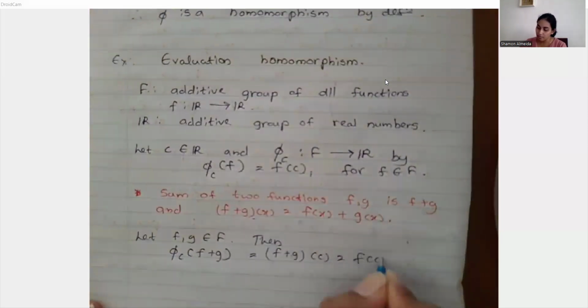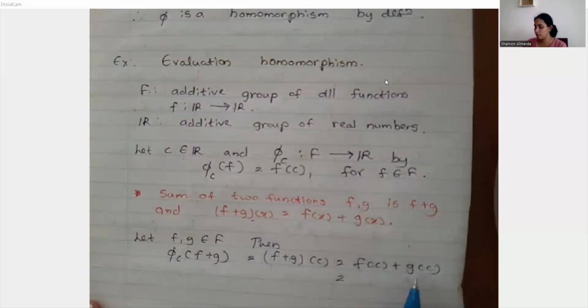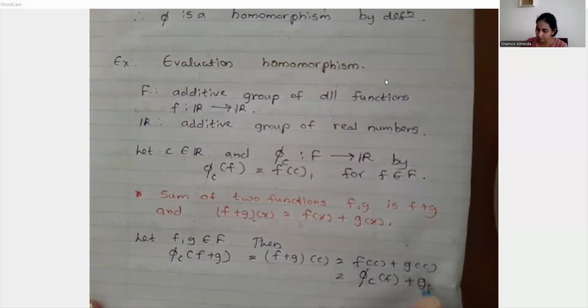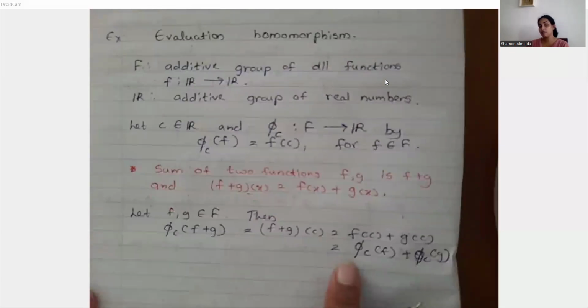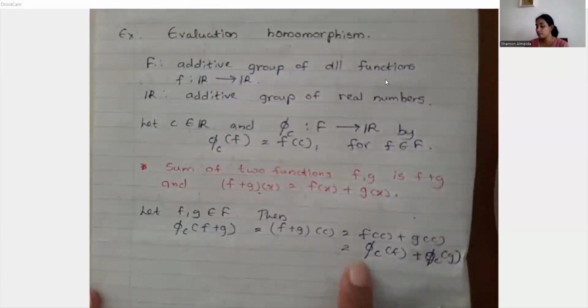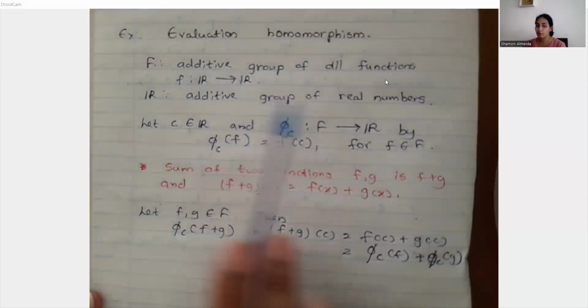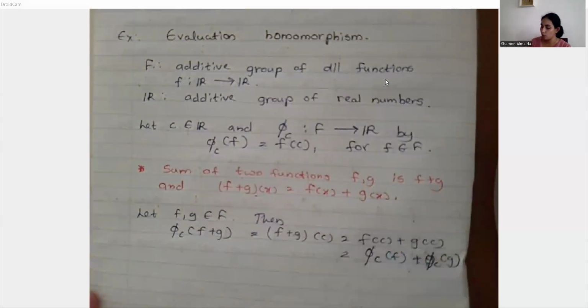This is f of c plus g of c. By definition, now, by definition, f of c is given by what? Phi c of f plus phi sub c of g. This is by definition of this function, phi sub c. Right. And R is once again the additive group of real numbers. So that's why we have addition over here. By definition, this is a group homomorphism.